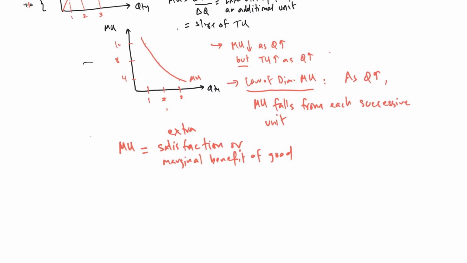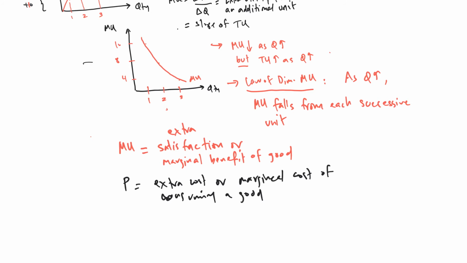Isn't that true? Marginal utility is simply the extra satisfaction or marginal benefit of a good, while the price of the good is the extra cost, also called the marginal cost, of consuming a good. So when you buy a good, you pay a price for it.